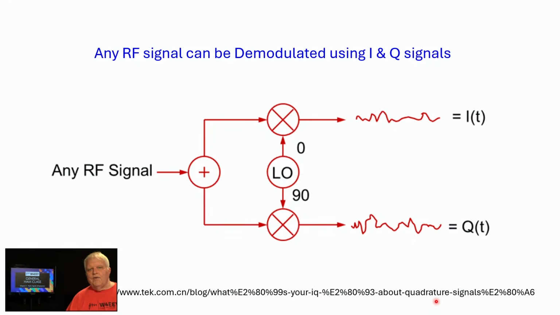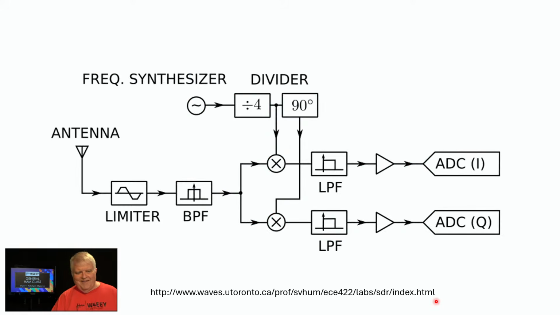Also, with any RF signal, it can be shifted in phase into I and Q signals, and any signal can be demodulated with in phase and quadrature. We're not going to go into the math. You just have to trust me on this. But they're used in radios, especially software-defined radios nowadays, where you have signals coming in, you have the ability to convert them into I and Q signals, and it could be analog here in this case.